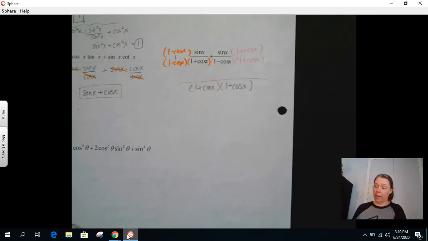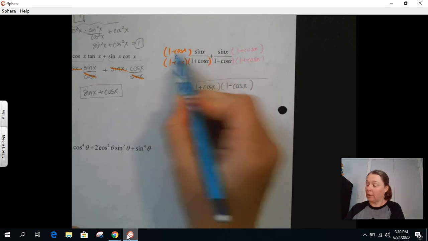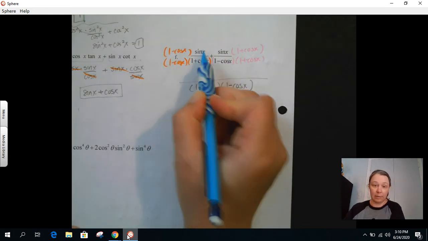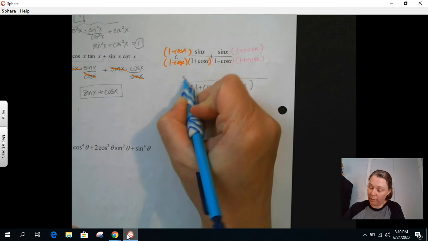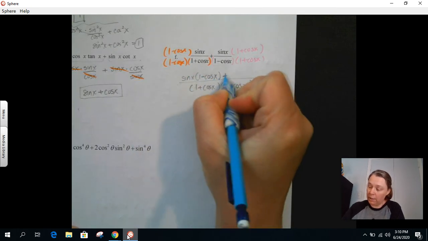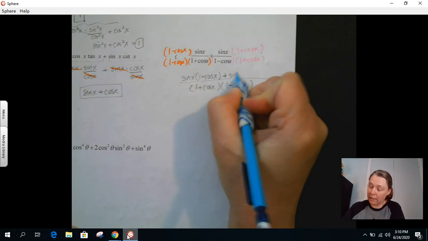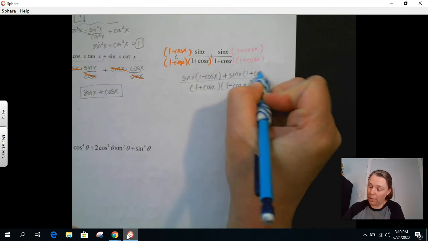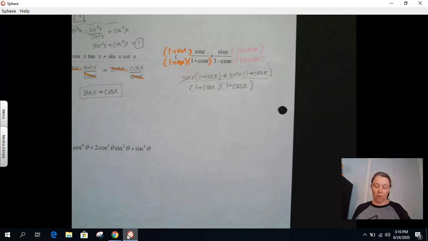So now, when I add across the top, I have 1 minus cosine x times the sine of x. I'm going to put the sine in front. It's sometimes easier to see that distribution. Plus this sine of x times 1 plus cosine of x.